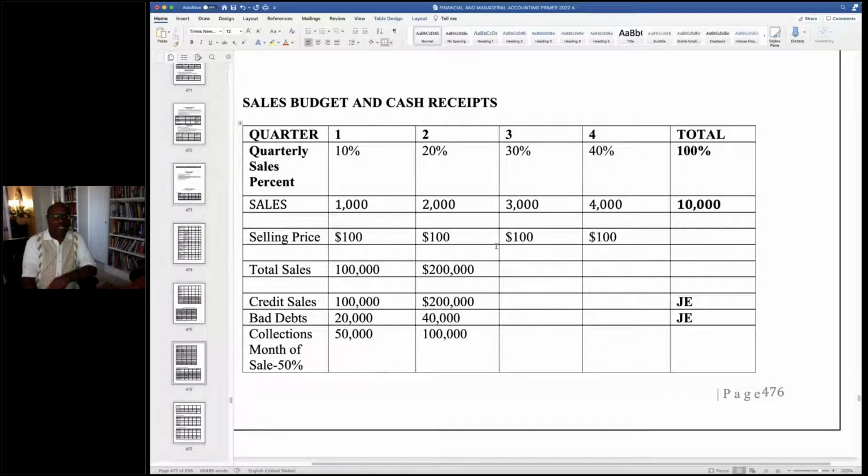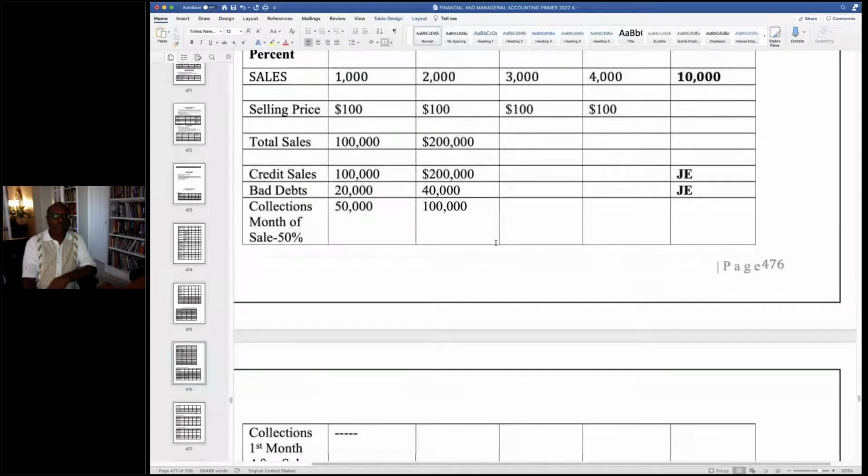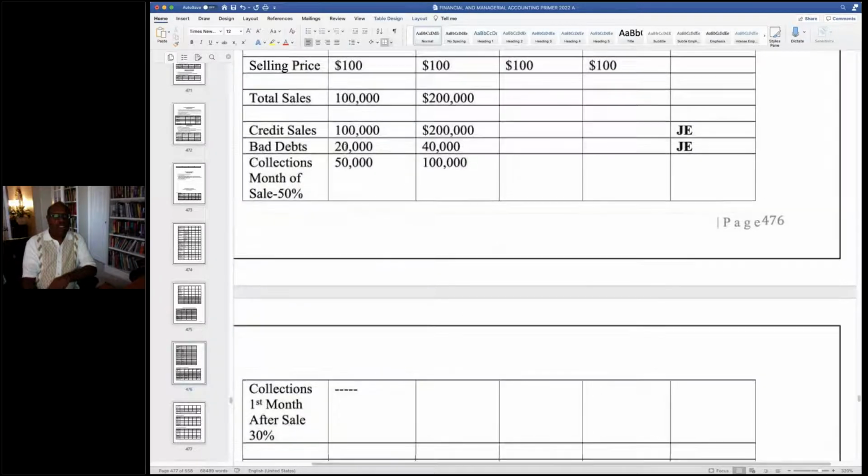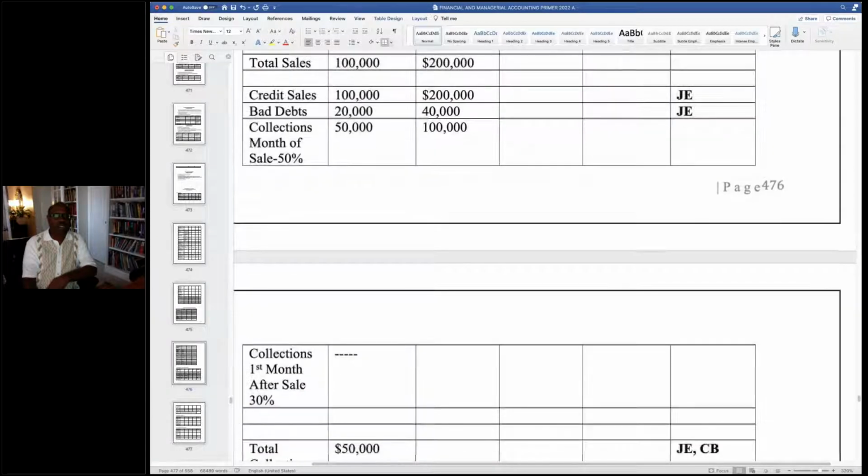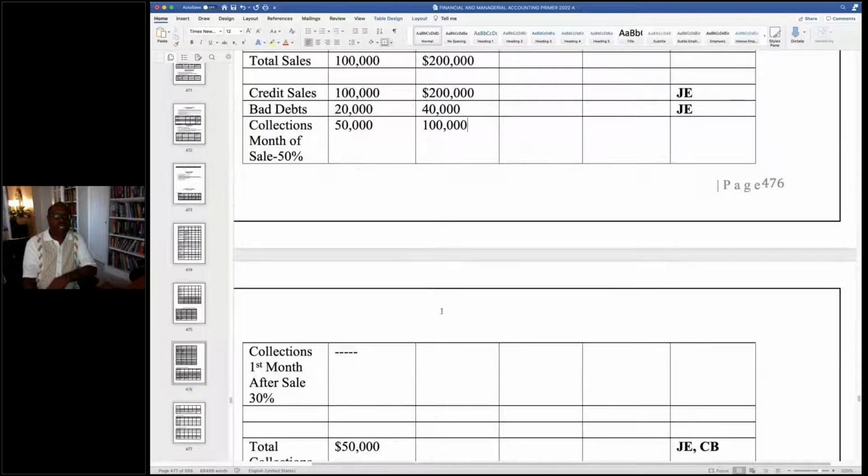Then we're gonna reach back and get 30% of the prior quarter. So for the credit sales from the last quarter, we get 30% of those, or $30,000. If you think about TSU, when they extend you credit, you get the full bill at the start of the semester.